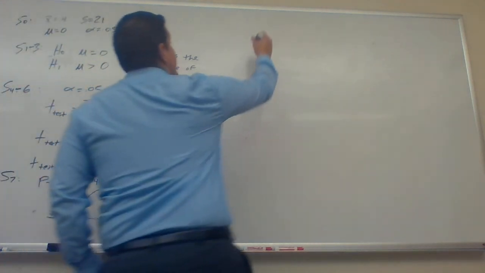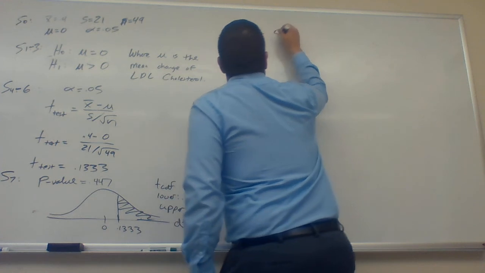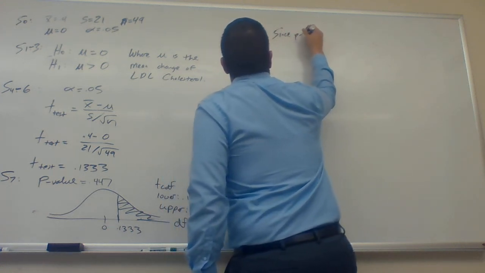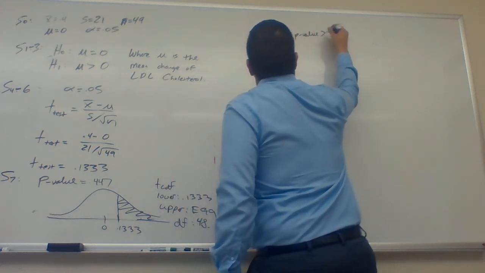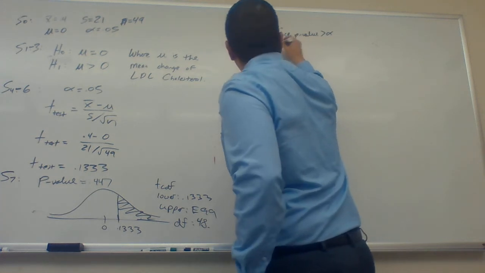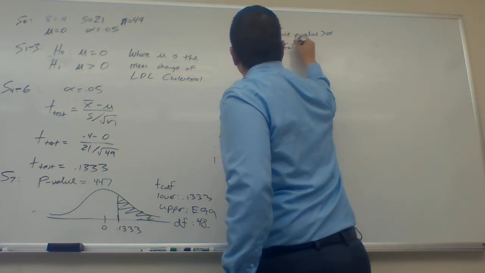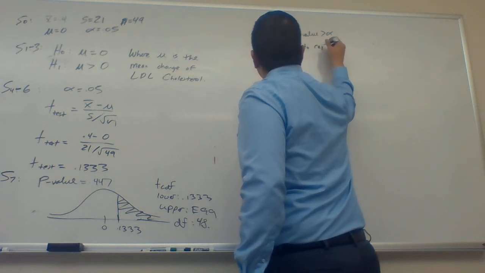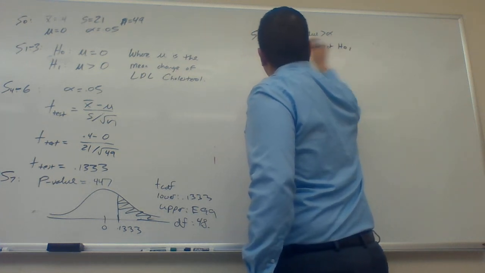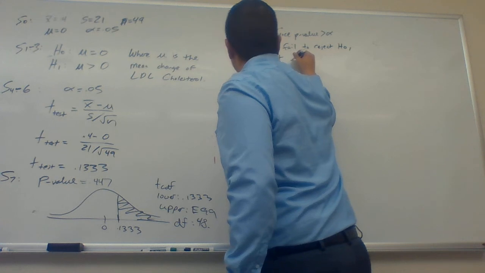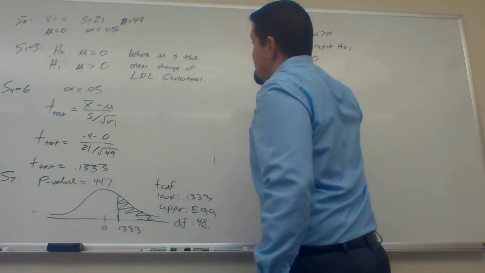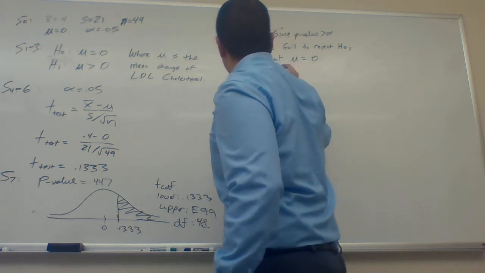Which tells us, since the p-value of 0.447 is greater than alpha of 0.05, we fail to reject H naught, that the mean change of LDL cholesterol is 0.